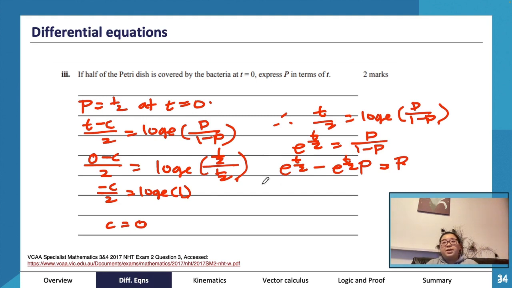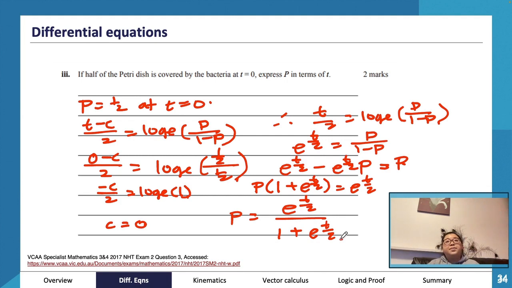And then we can take all the p's to one side. So we'll have 1 plus e to the power of t over 2, times p, will equal e to the power of t over 2. So we'll get that p will just be equal to e to the power of t over 2 over 1 plus e to the power of t over 2 as our equation.